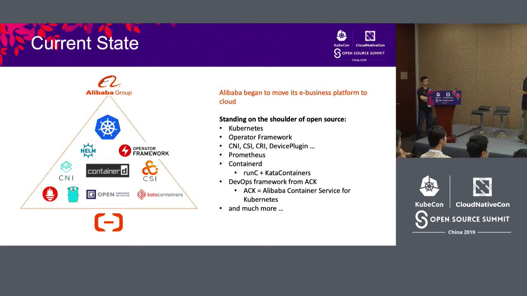I'll show you a chart based on some of the mainstream open source projects, for example Kubernetes, Helm, Operators Framework, Containerd, CSI. All these things are part of the framework.